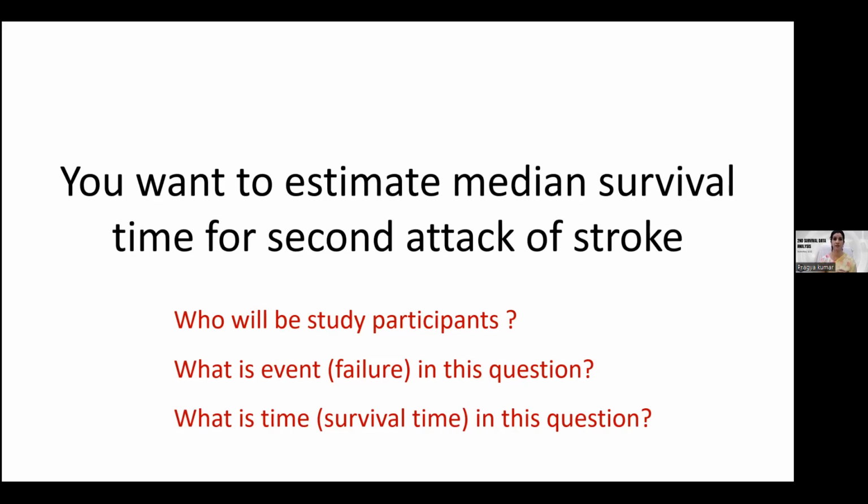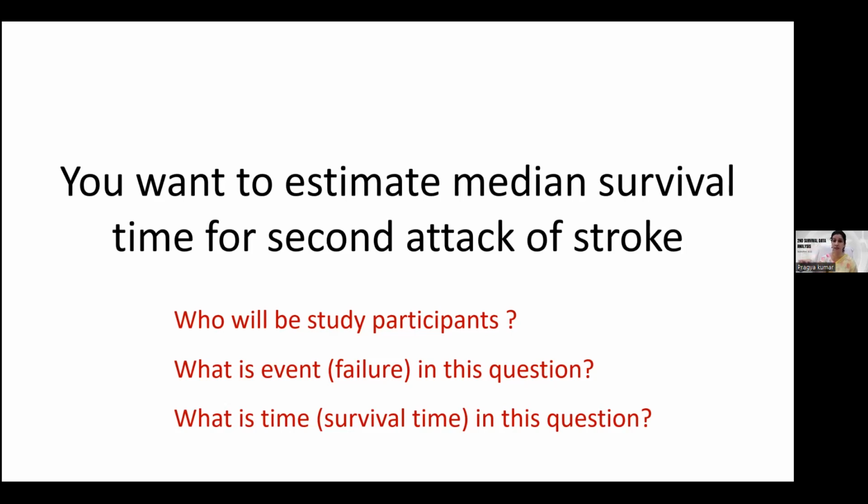So the time will be between the first and second attack, those who have had the recurrence. So how will you define the survival in this case? Survival is those individuals who have survived, who did not have this second attack of stroke.